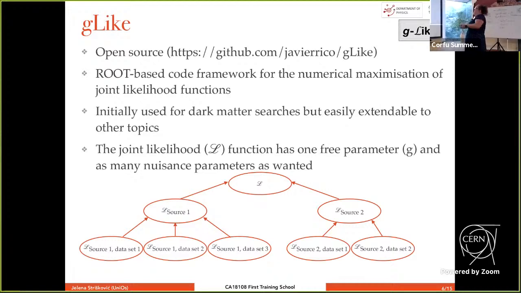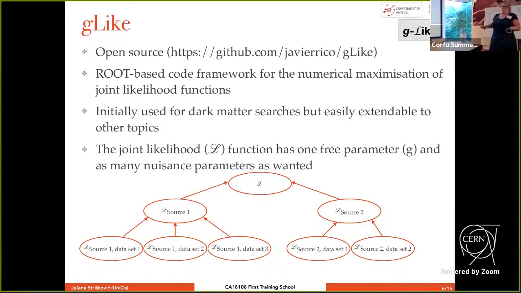What we are trying to do with this code is, okay, but I have this source observed also with MAGIC, and I can calculate the likelihood with another telescope and with a third telescope. And then each of them has its own calculated likelihood. Then we combine those likelihoods into one single likelihood value.